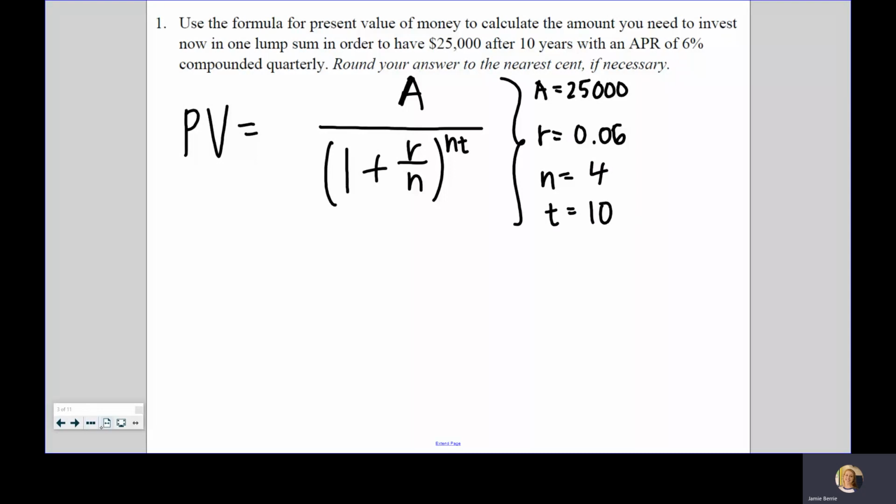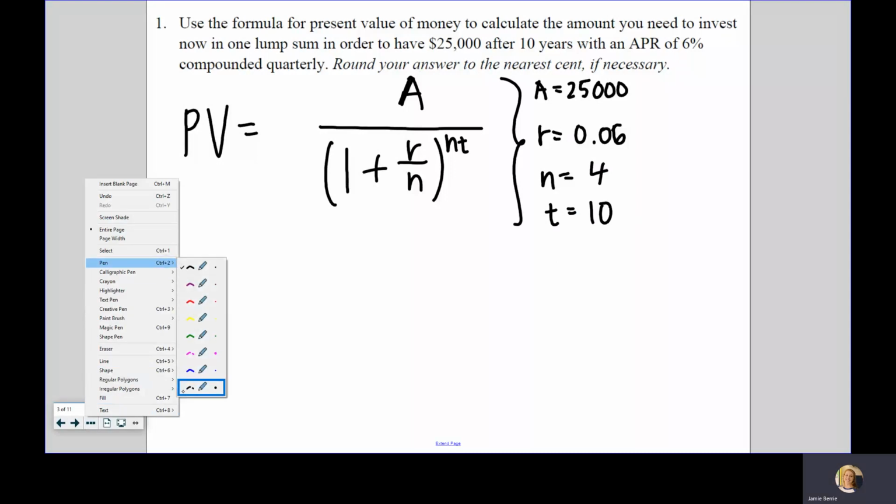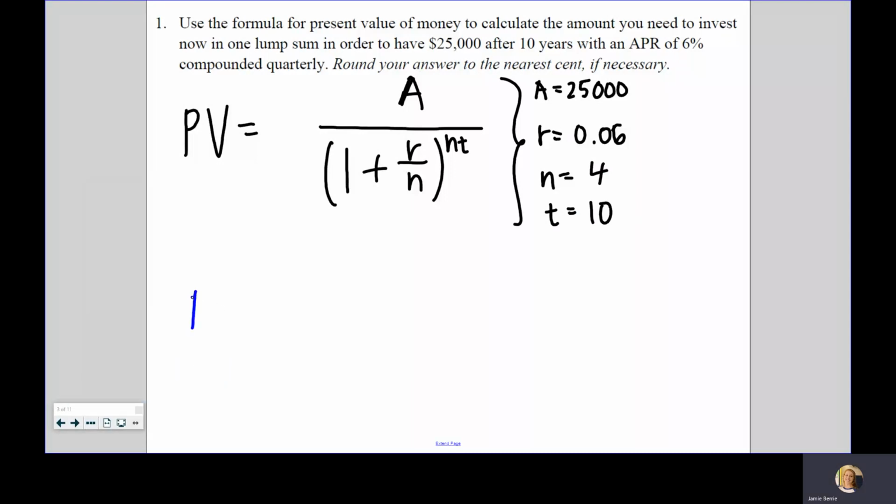All right, so let's plug this in. I'm going to write this in a different color. So we have present value equals 25,000 over 1 plus R over N, so 0.06 over 4, raised to the N times T. So that's 4 times 10, which is 40.